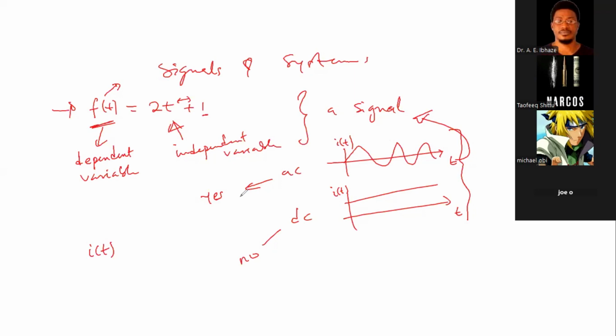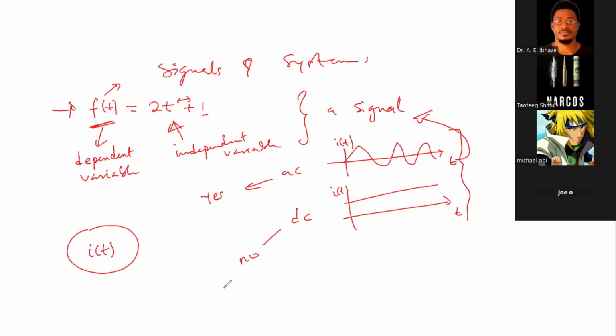And then we can begin to describe variants of this signal. Because this signal that I just described here or here is single variable. What if it varies with respect to multiple independent variables?